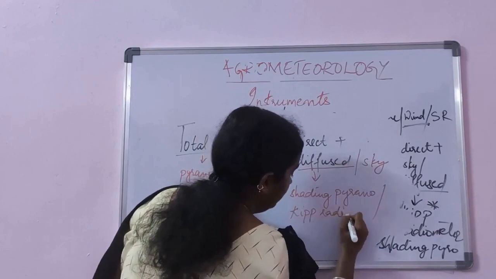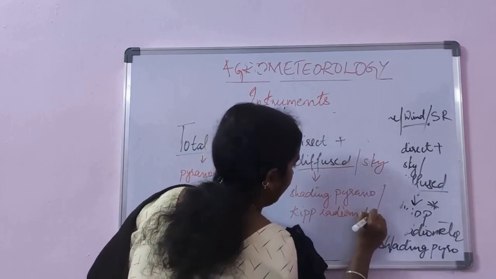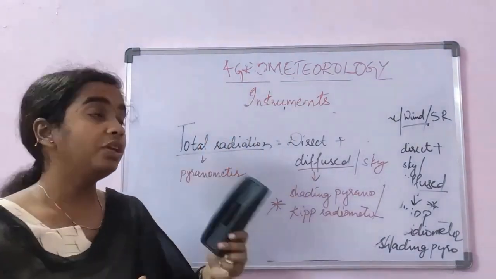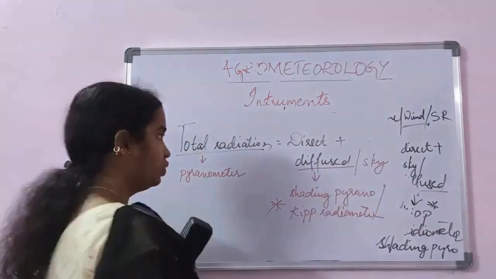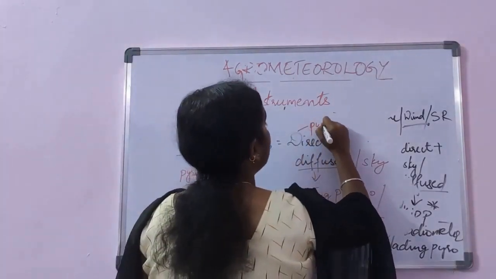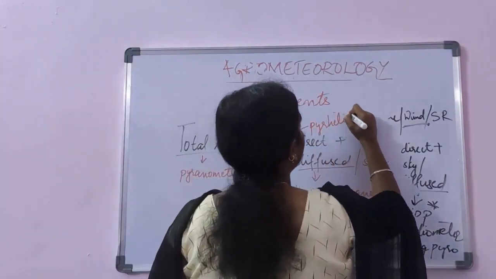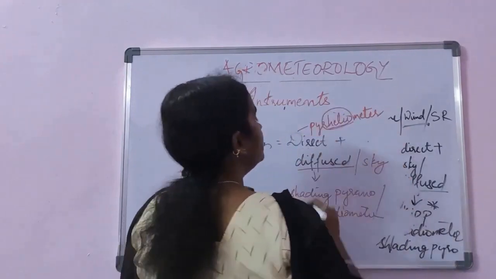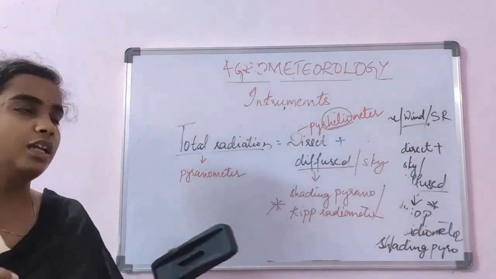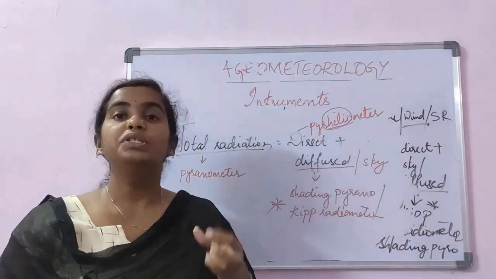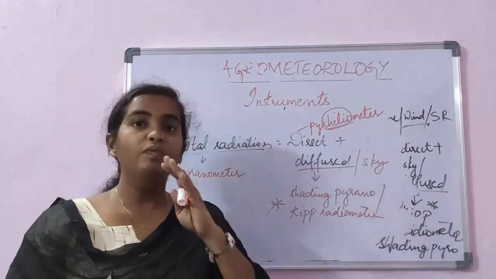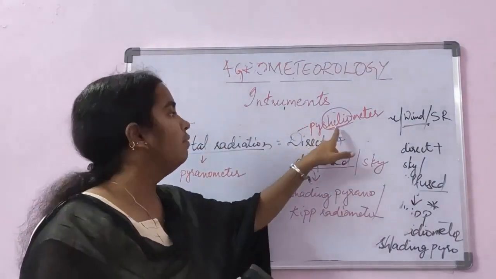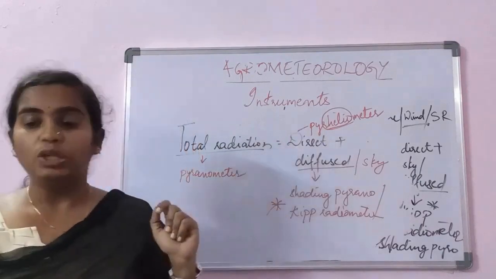This is a frequent question in the exam for diffuse radiation. And for measurement of the direct solar radiation, we have the pyrheliometer. As you can remember, helio means sun. So the radiation which will be directly coming from the sun without any deviation is direct radiation, and for that measurement, we have the pyrheliometer.